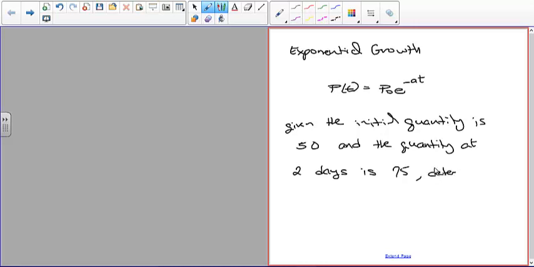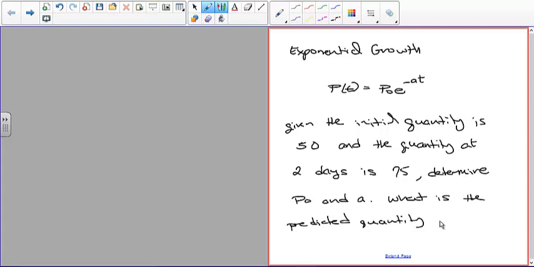Determine P0 and a. And then what is the predicted quantity at 4 days?